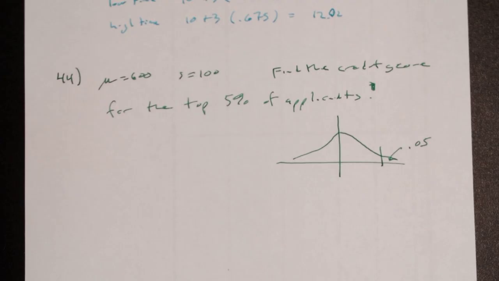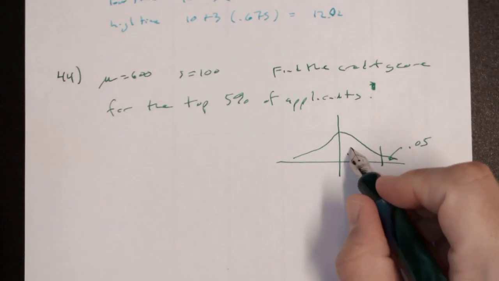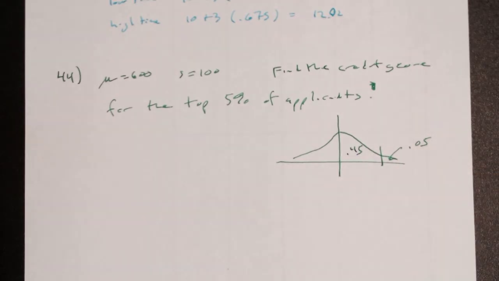What do I look up? What do I do with it once I've got it? Jason. So whatever's closest to 0.45 in what? In C1, because I'm starting with the middle. If I was starting all the way on the left, I'd use table C2. But you said use C1.